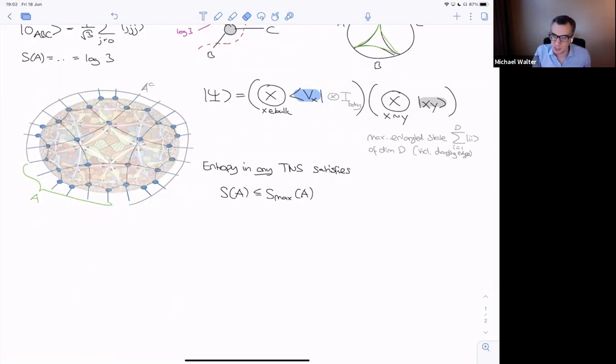So entropy in any tensor network satisfies the following bound, namely, we can always upper bound the max entropy by the logarithm of the dimensions corresponding to a minimal cut in the network. Here a minimal cut would probably look like this. Let's say like so. This would be one minimal cut. Sorry, that's a bit hard to read and ugly. And another minimal cut would be like this. There's two minimal cuts here, right?